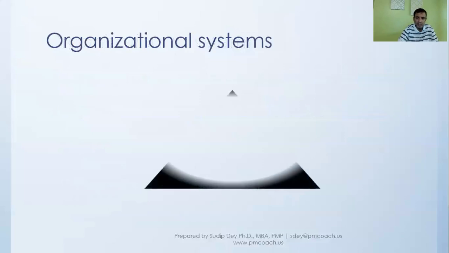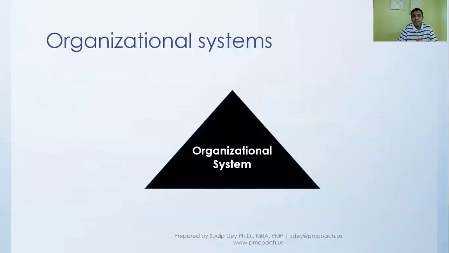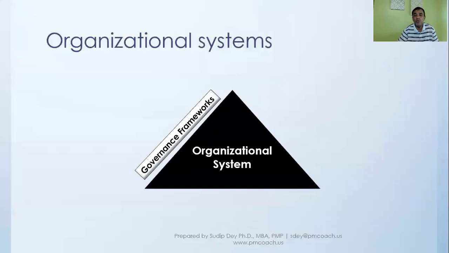Now, the organizational system is made up of three elements. One is what is called the governance framework. The governance framework is that framework that helps govern the organization, and we'll look at that in more detail.